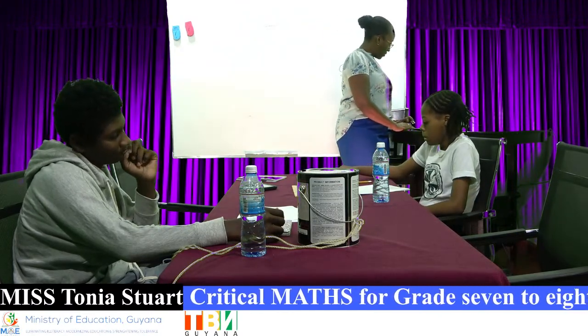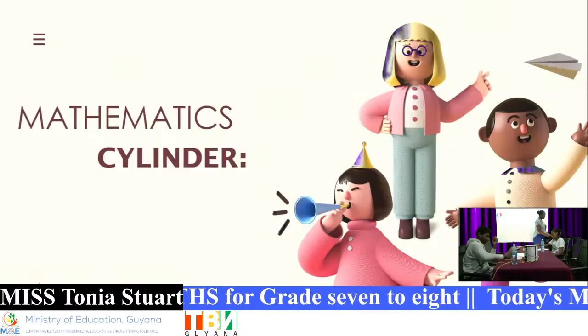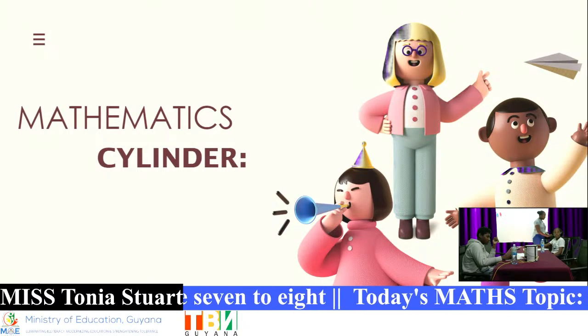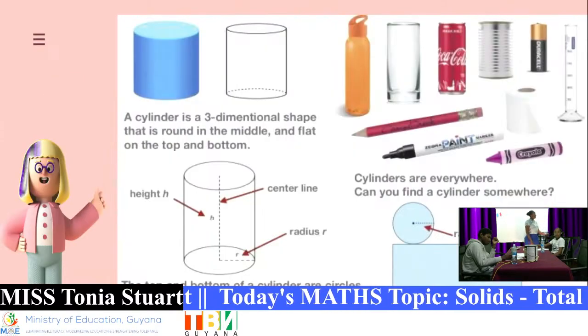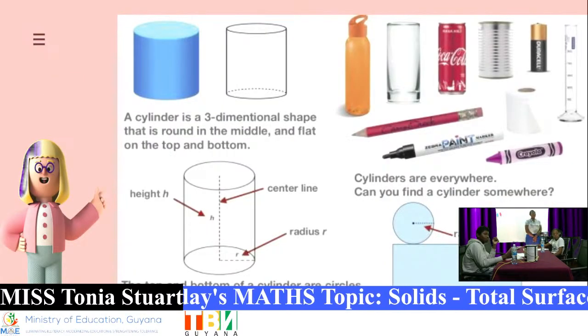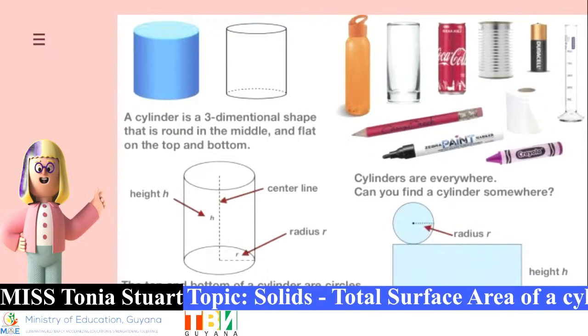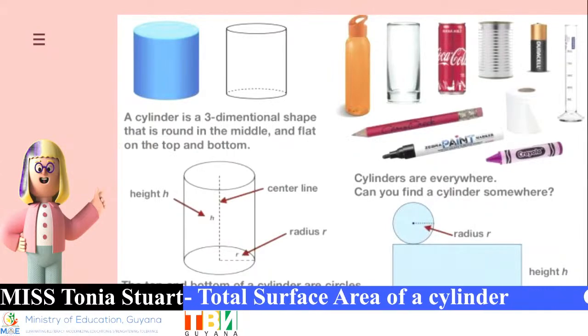All right, so let's look at the screen. Good. So, what is a cylinder? Read, Alia. A cylinder is a three-dimensional shape that is round in the middle and flat on the top and bottom.